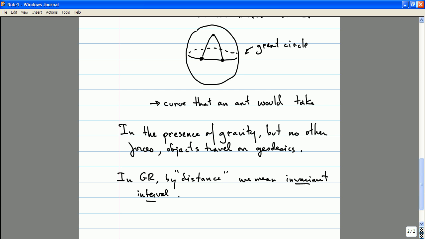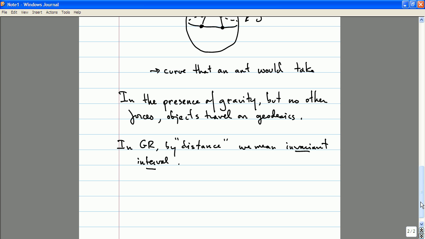Why, then, is it possible to formulate general relativity in terms of the geometry of space-time? So why does gravity have a geometric interpretation?